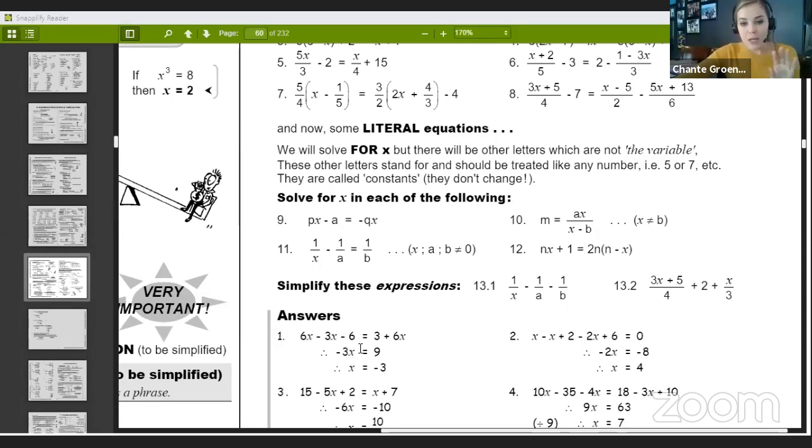My next step then is to take all my x's onto this side of my equation and then take all my numbers onto the right side, okay? So now I have -3x because it is 6x and then -3x. But remember, I have 3x and I'm taking over the 6x again, so that's also changing.